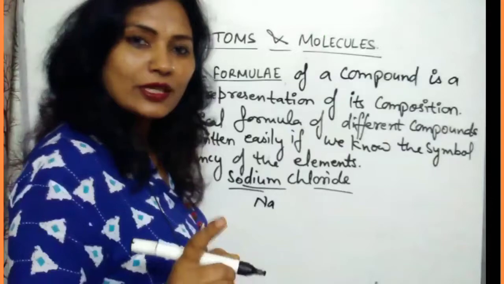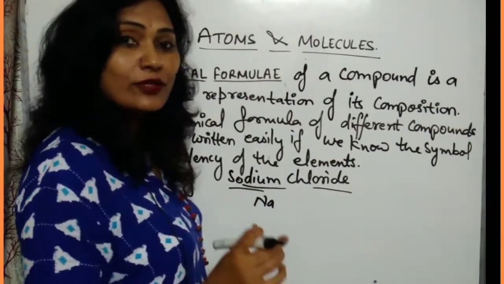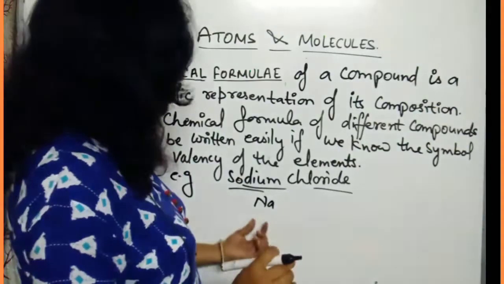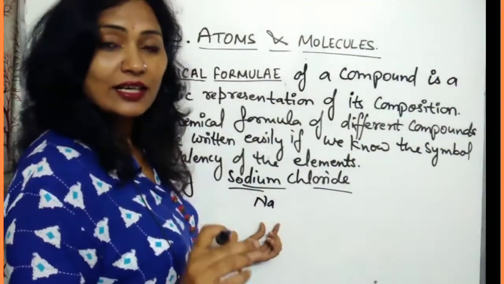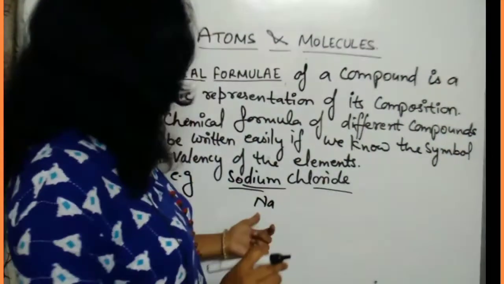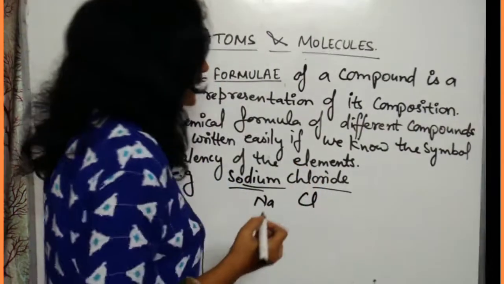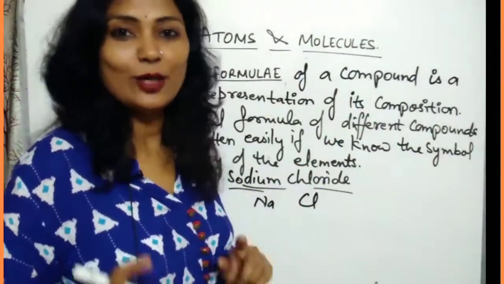N is capital, A is small, and this we'll write on the left side every time. Why? Because this is a cation. It contains positive ions, or it is a metal. Okay, so we'll write Na on the left side, and on the right side we will write Cl, chlorine.